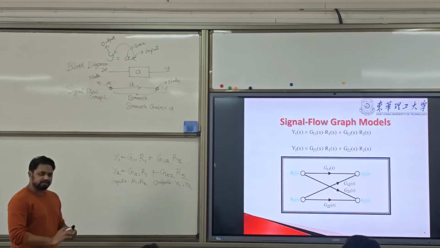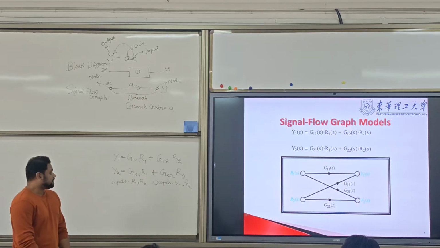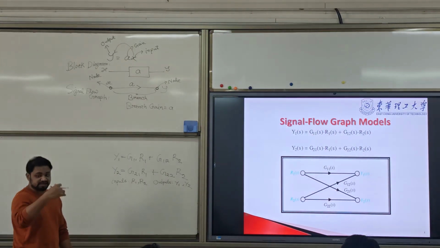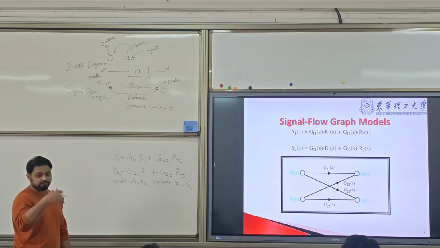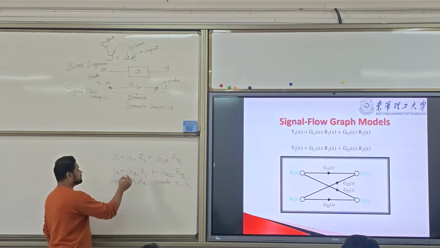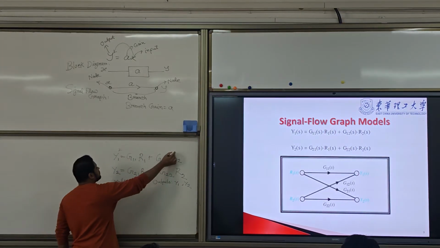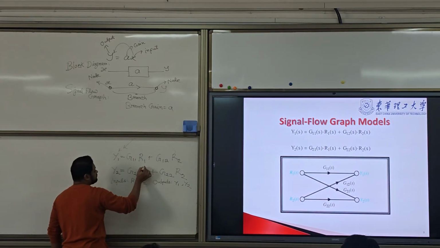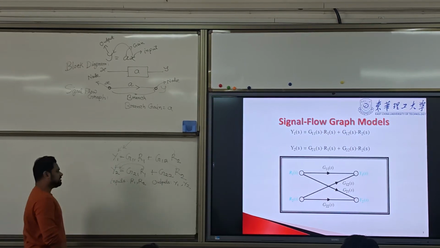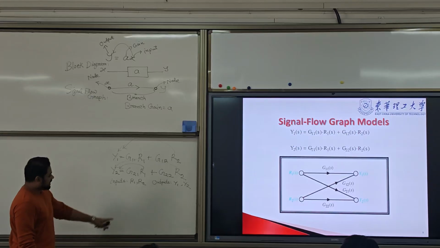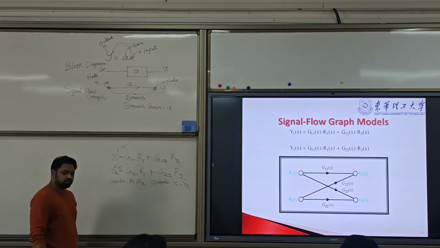Now you know about the inputs and outputs, and you know how the signal is flowing. The signal always flows from input to output, in this direction, right? Okay, now we have two inputs, two outputs.